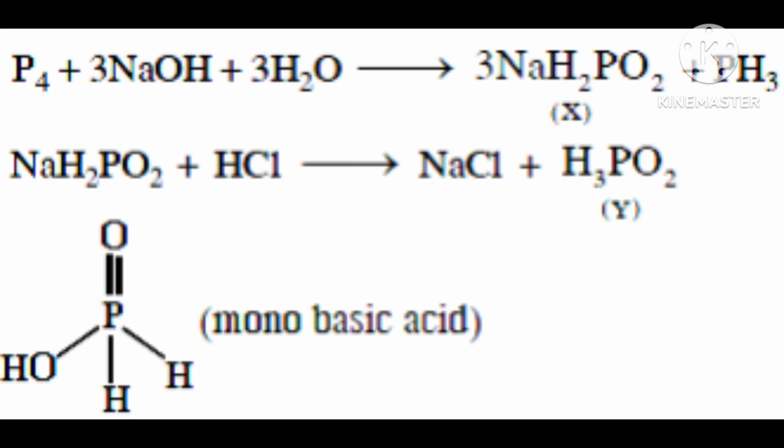Phosphorus forms two types of halide. One is PX3, where X may be fluorine, chlorine, bromine or iodine: X is F, Cl, Br or I. The other is PX5, meaning PCl3 and PCl5. In PX5, X may be fluorine, chlorine or bromine, not iodine; only F, Cl and Br.